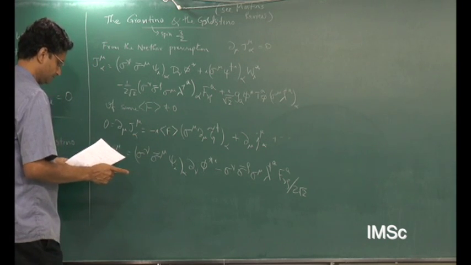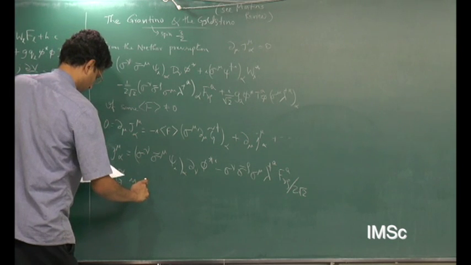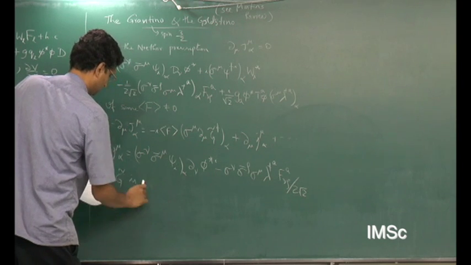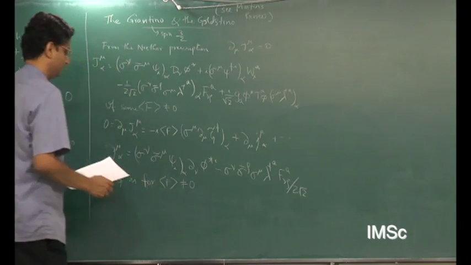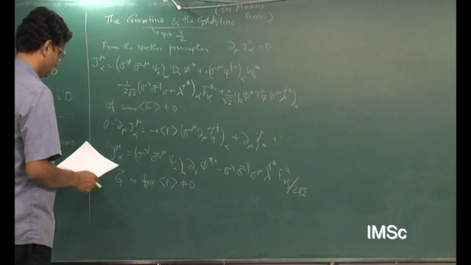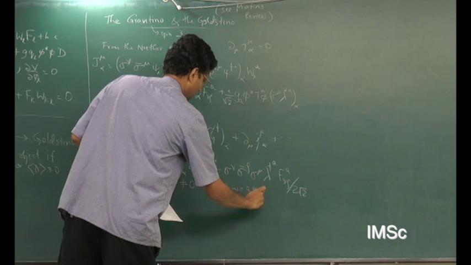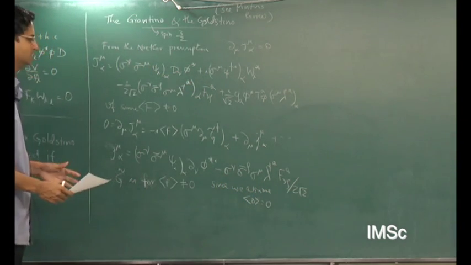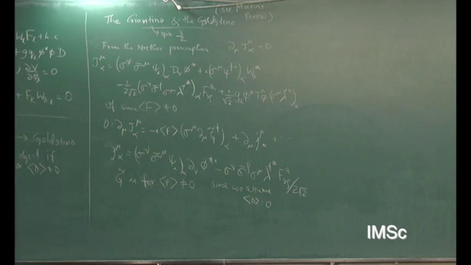And G twiddle is, I'll just write it like this. It depends on the exact model whether this is realized or not, so I'm just looking at the case where only F gets a non-zero vacuum expectation value.